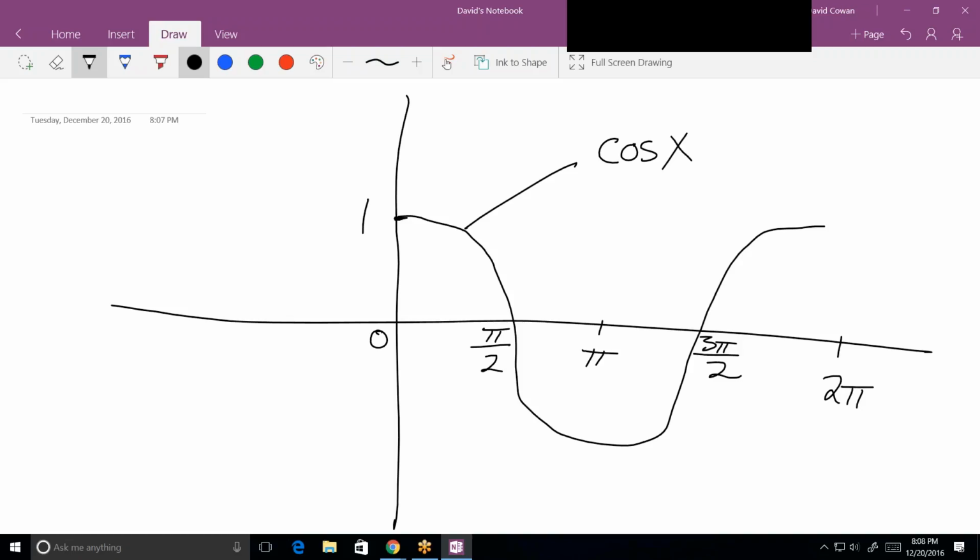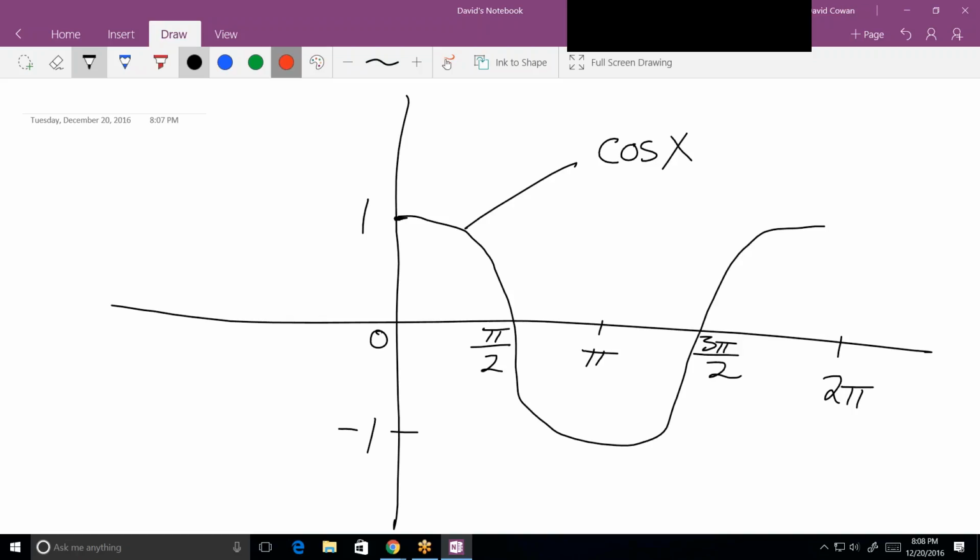You see why? Cosine of pi over 2 is 0. Cosine of pi is minus 1. Cosine of 3 pi over 2 is 0. And the cosine of 2 pi is 1. So your quarter points all produce these either 1, 0, or minus 1.